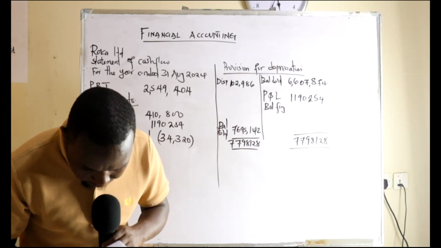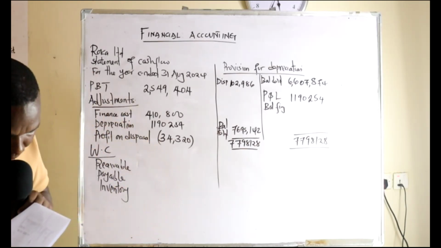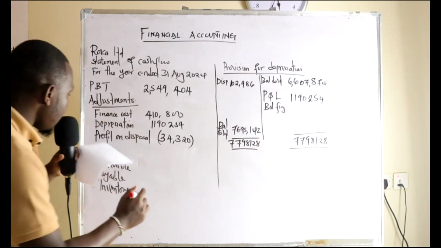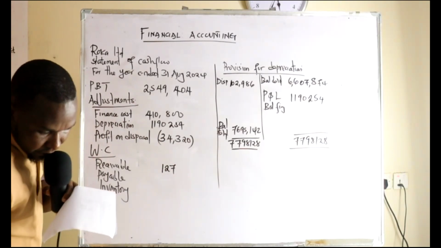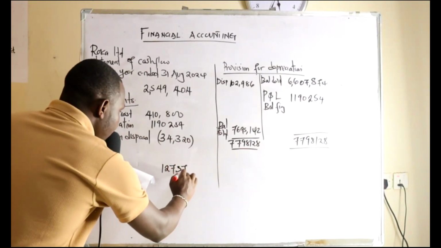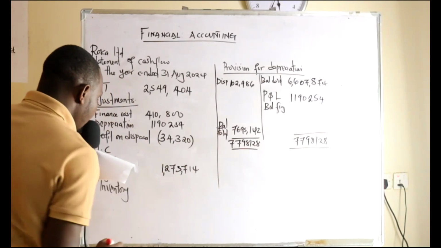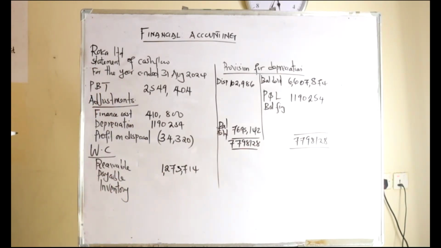So we have a difference of 12,737,14. It is the cash inflow, so we leave it as a positive.